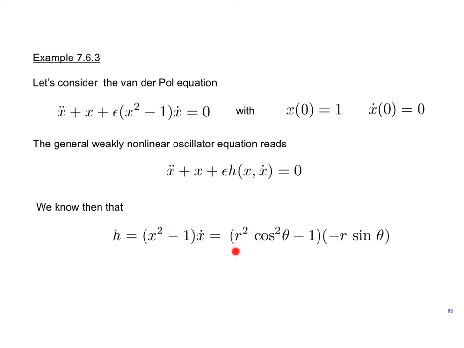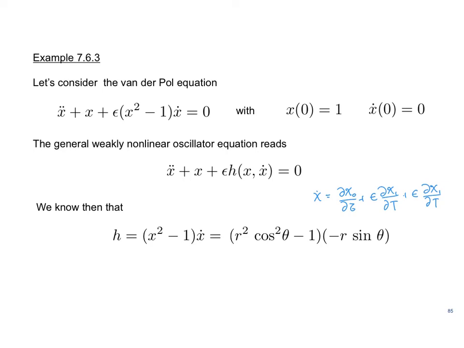So r cosine of theta, this to the square, minus 1, and the derivative. Remember that when we are talking about x dot here, we are talking about the derivative with respect to tau. Let me just write it down. Okay, so this is the definition of x dot with respect to tau and capital T.